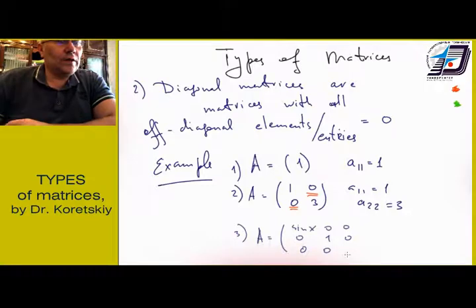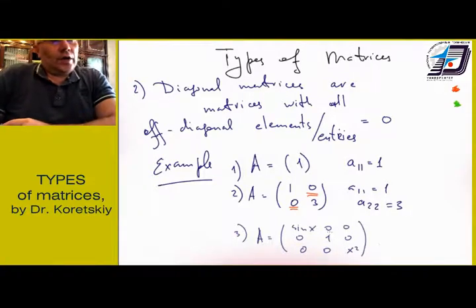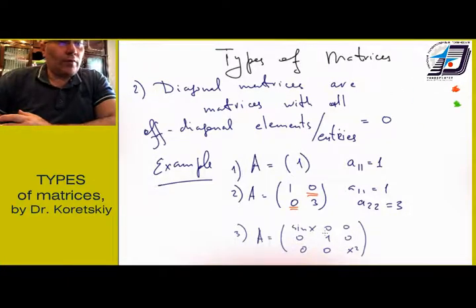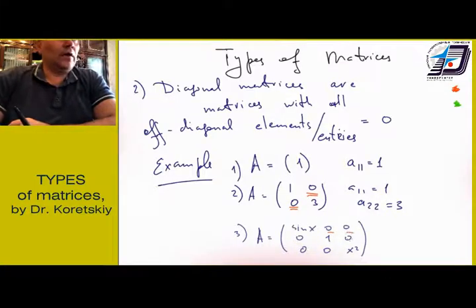You can see that this matrix is also a diagonal matrix because all off-diagonal elements are zeros here, and only along the leading diagonal do we have non-zero elements.